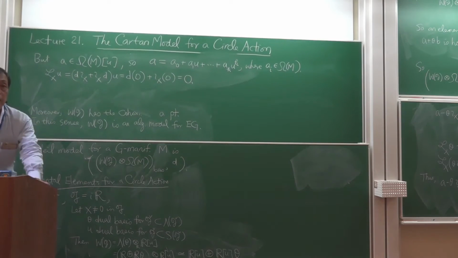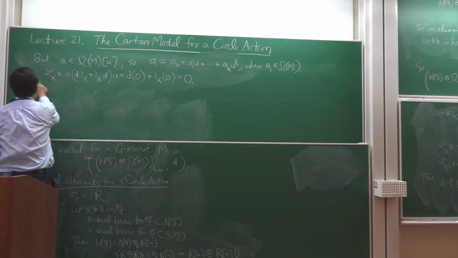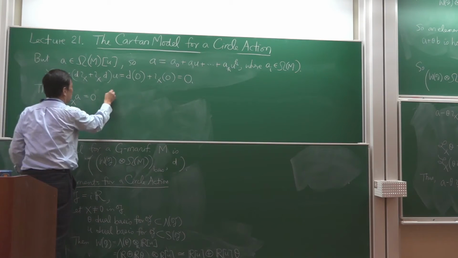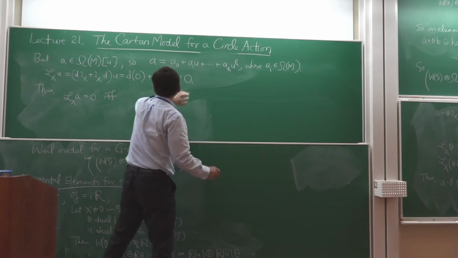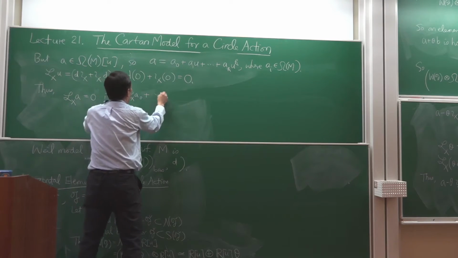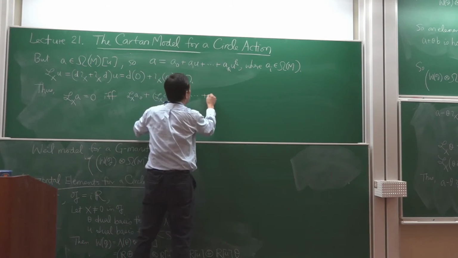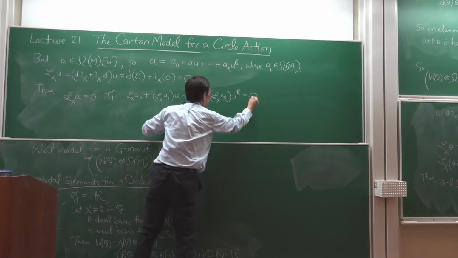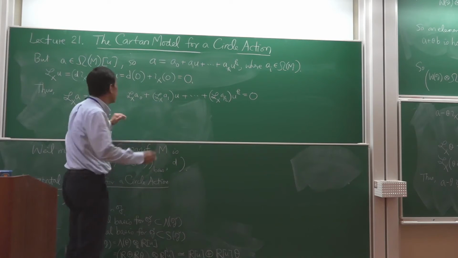And L_X is a derivation. So L_X A is 0 if and only if you apply L_X to this, you see you get L_X A_0 plus L_X A_1 U plus ... L_X A_k U^k is 0. Right? And a polynomial is 0 if and only if all the coefficients are 0.